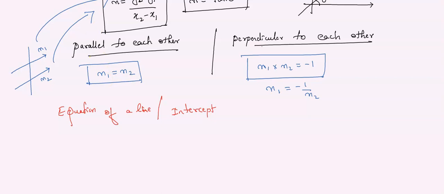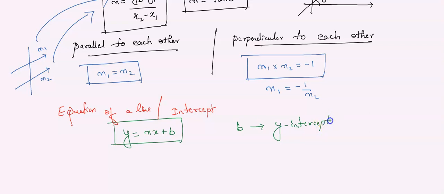We have the formula y equals mx plus b, where m is slope and b is called the y intercept. Sometimes they write c also, mx plus c, they denote.